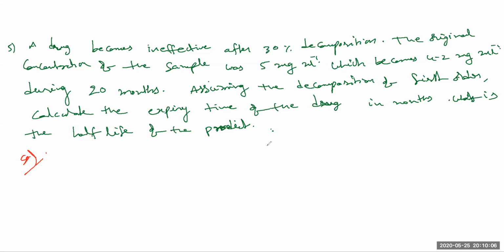T half or time? Time, sir. 40.9? Yes, sir. Very good, excellent. That is correct. So at the same time, what is the T half? T half means 0.693 by K. K is already calculated.